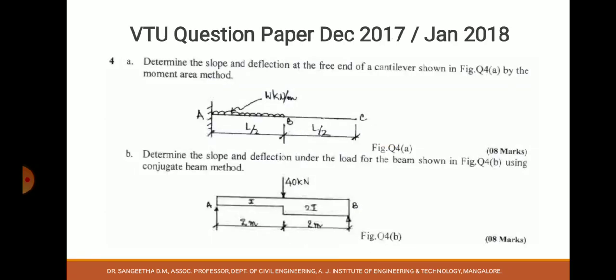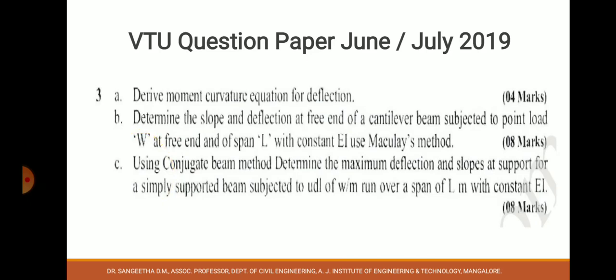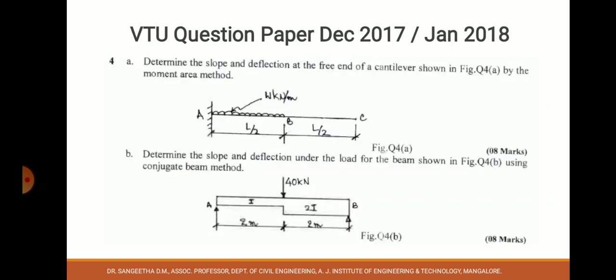So this is a question paper from December 2017, January 2018. So here the second question, determine the slope and deflection under the load for the beam shown in figure using conjugate beam method. So here it is a simply supported beam subjected to a point load at the center. The cross sections are changing.